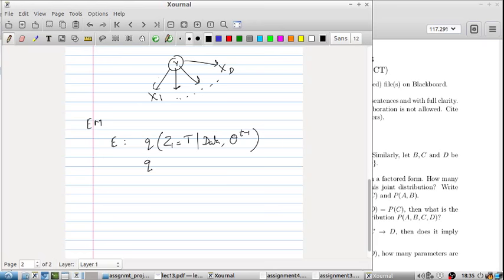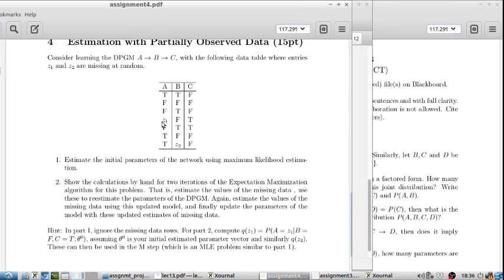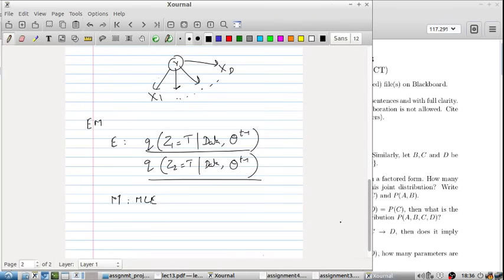You also need to find Q of Z2 equal to true given data. The data is always fixed, so theta t minus 1. So these probabilities you need to find, and once you find them, let's assume that we know them, then in the M step all you need to do is MLE with 9 rows now, not, as we pointed out, 3 plus 4, 7 rows.